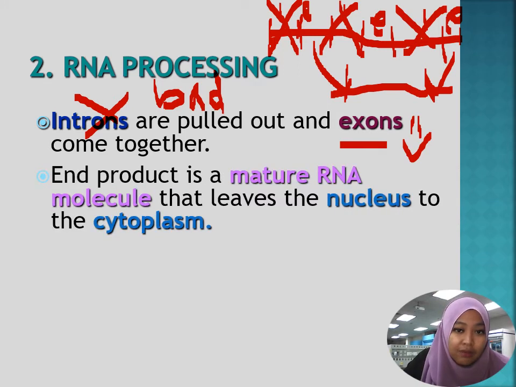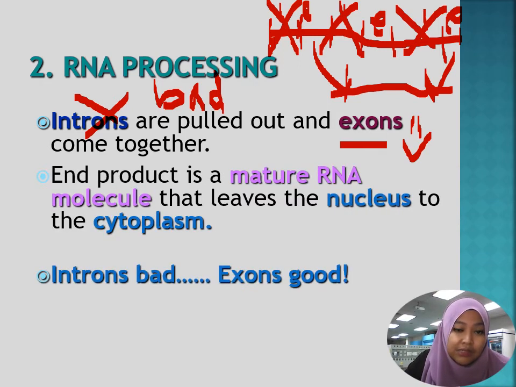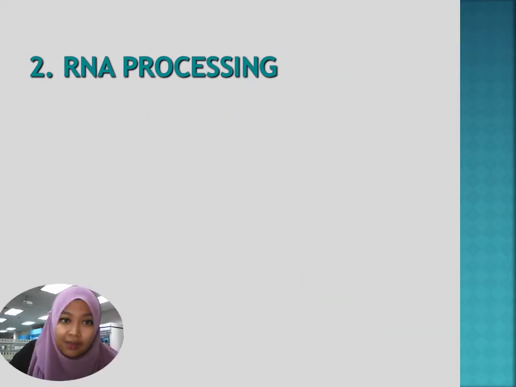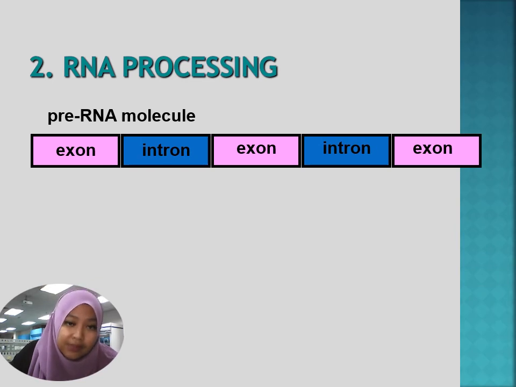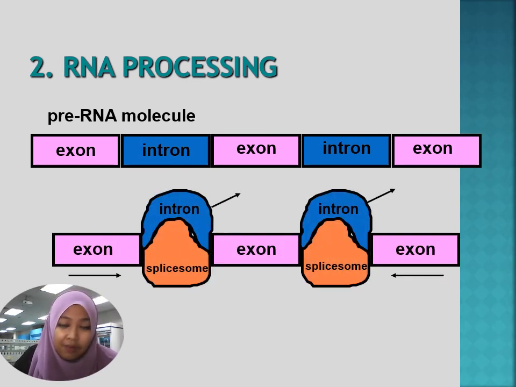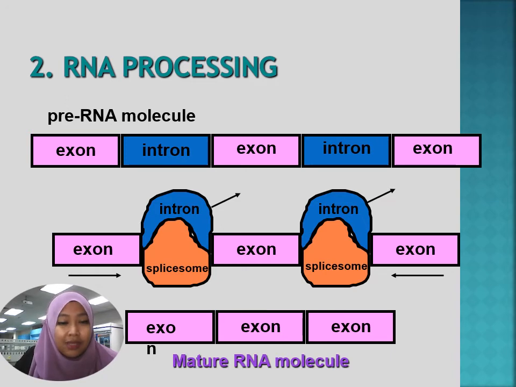They leave the nucleus for the cytoplasm. We don't want the intron, the exon is okay. This is an example of how they are being spliced. So they are left with the exon only.